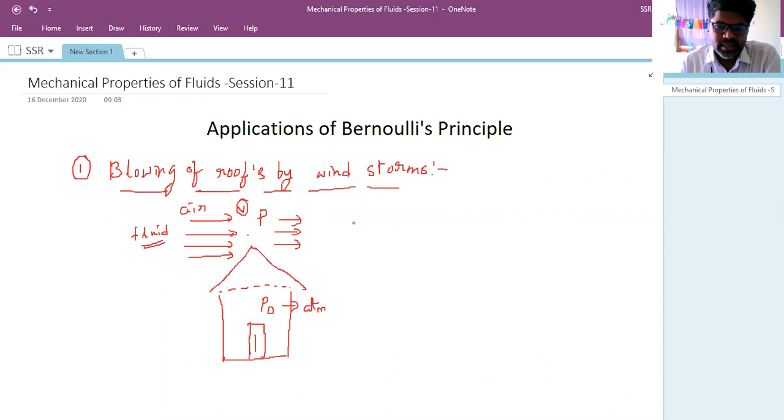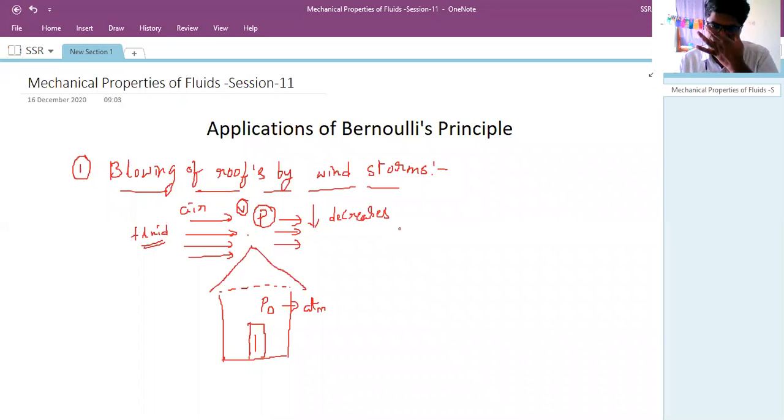When the speed increases in a horizontal fluid, what happens at that point to the pressure? I told you yesterday, at the last point, when the speed of the fluid increases, the pressure decreases. Yes or no?